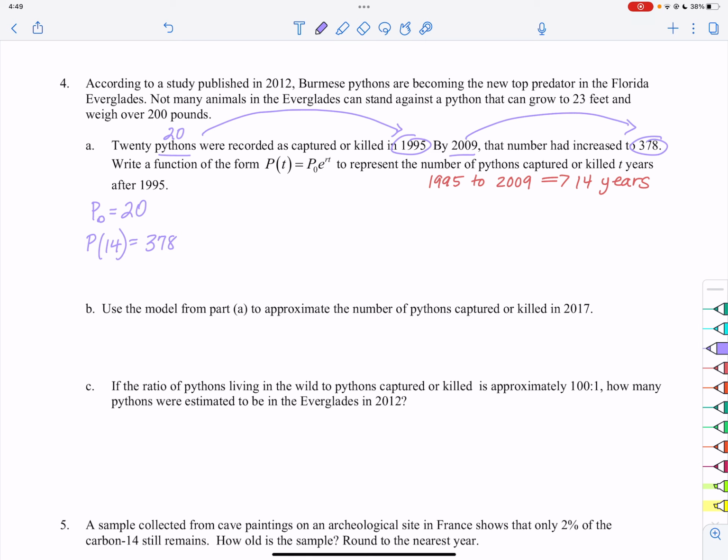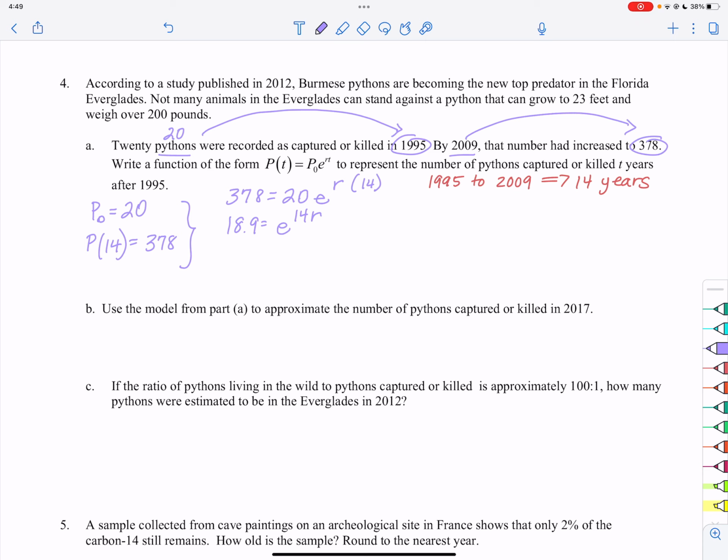Okay, so now let's go ahead and write our function. I'll write that a little bit higher. 378 is equal to 20 times e to that rate times 14 years. So dividing both sides by 20, we have 18.9 equals e to the 14r.